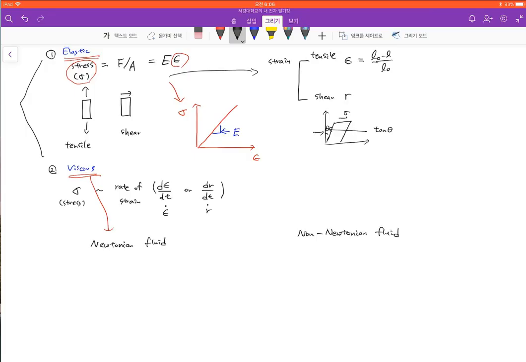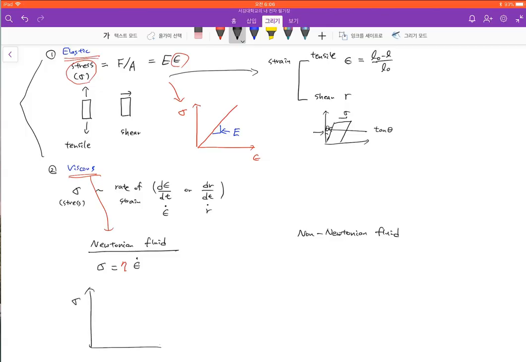Non-Newtonian fluid. You'll learn about the details of this fluid in fluid mechanics class. Anyhow, let's briefly go over it. For a Newtonian fluid, stress is proportional to rate of strain, and the proportionality constant is given as viscosity.